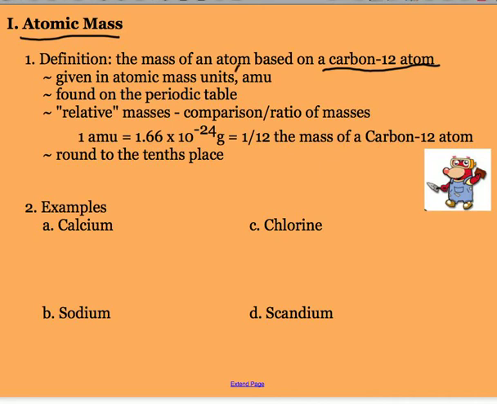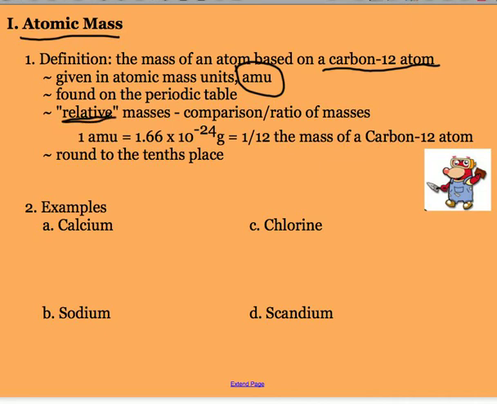They came up with its own units, which is the atomic mass units, or for the shortcut, it's just called AMUs. And all you have to do for an atomic mass is just look it up in the periodic table. So it's very simple. There's not really math or anything involved with it. Now you want to keep in mind that this is a relative mass, so this is a comparison.